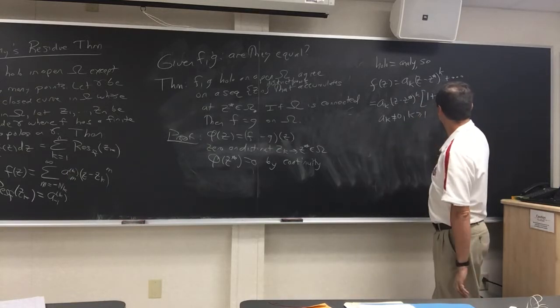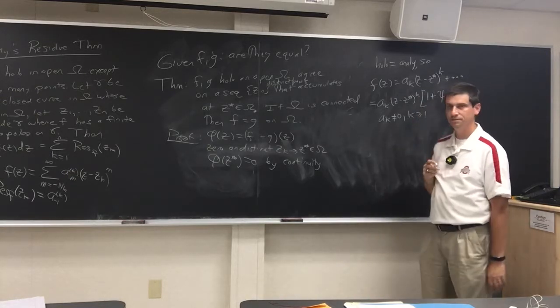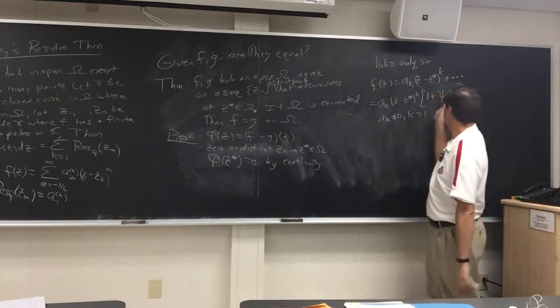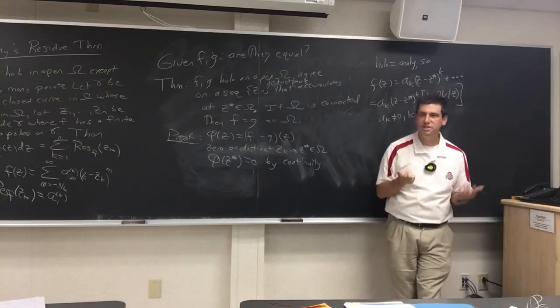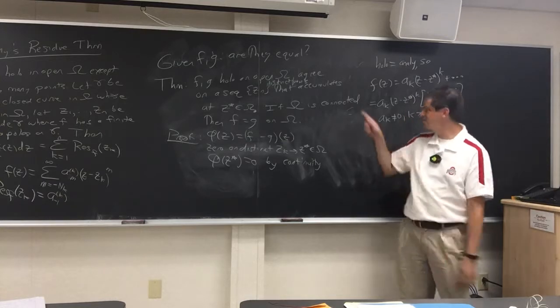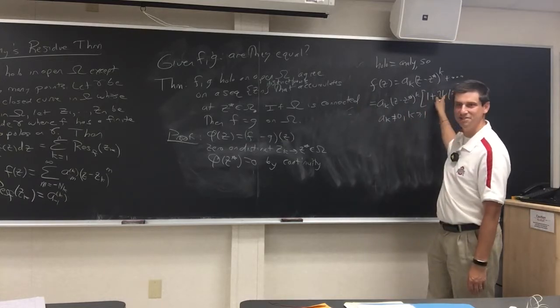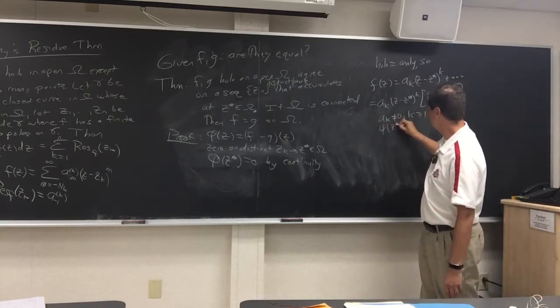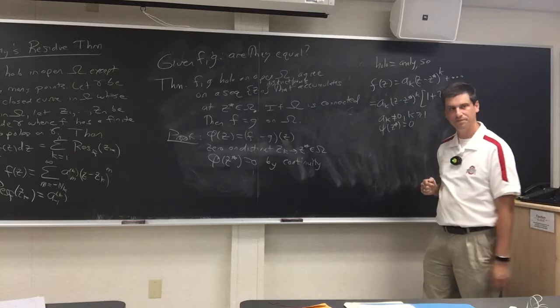What do we know about c of z star? It's holomorphic. So c is holomorphic, but we know something more. What would c of z star have to be? Has to be 0, right? This is a Taylor series in terms of z minus z star. So we know c of z star equals 0.